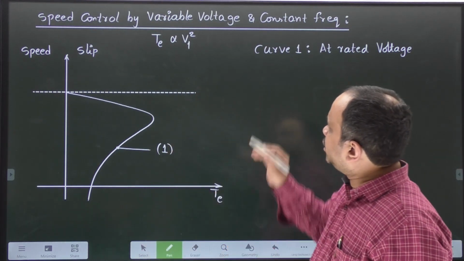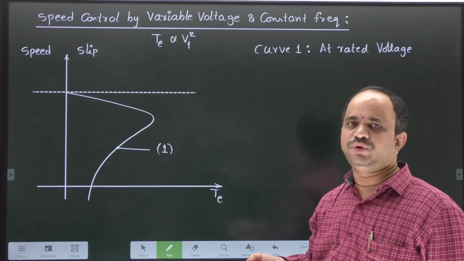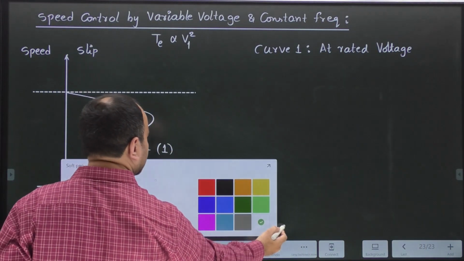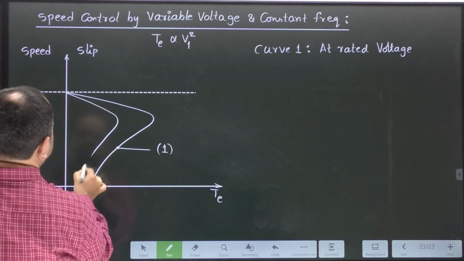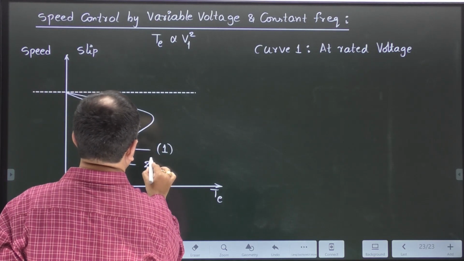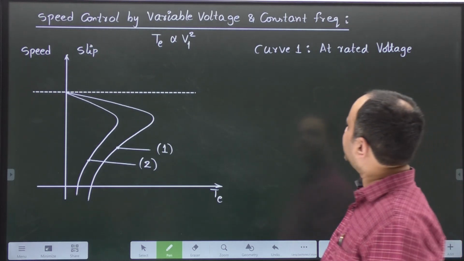Say, if you reduce the stator voltage, because we are not supposed to increase the voltage, right? Therefore, if you reduce the voltage, then what happens to this curve? This curve will shrink like this. Let me take the second curve. Okay.